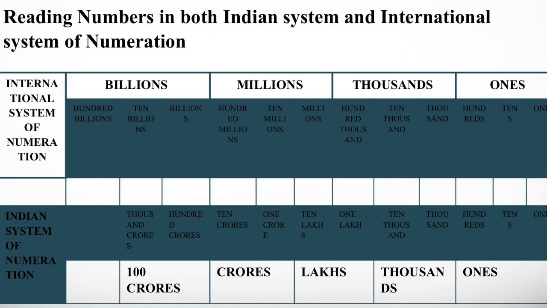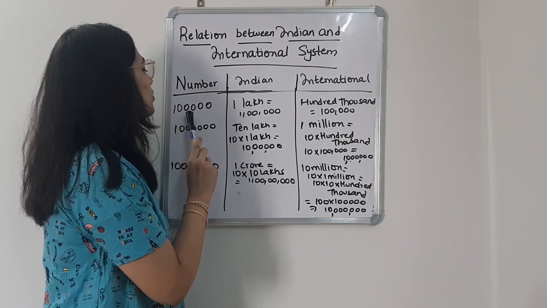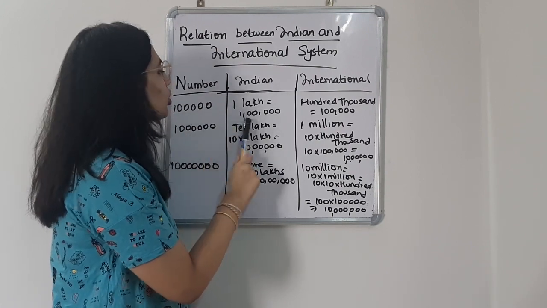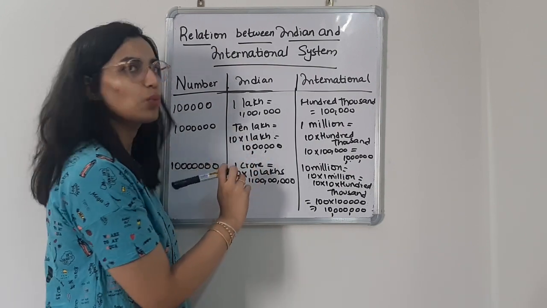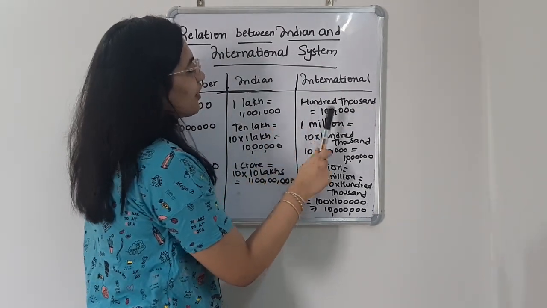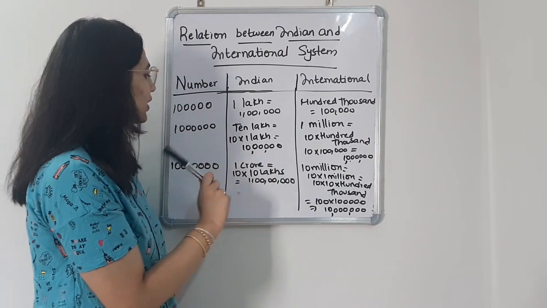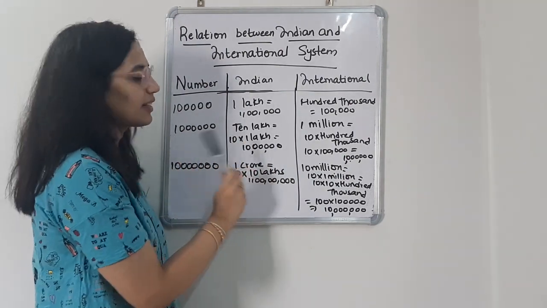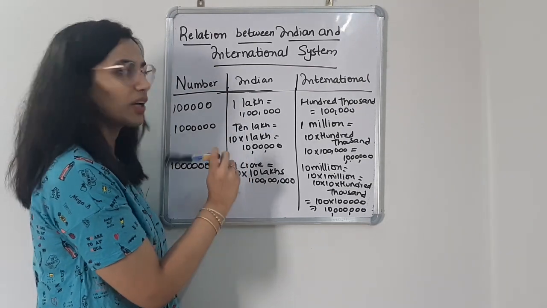For example, the number 100,000. In Indian, it is nothing but 1 followed by 5 zeros, which is nothing but 1 lakh. However, in the international, the same can be mentioned as 100,000. And 1 followed by 6 zeros is 10 lakh. That is nothing but 10 into 1 lakh.